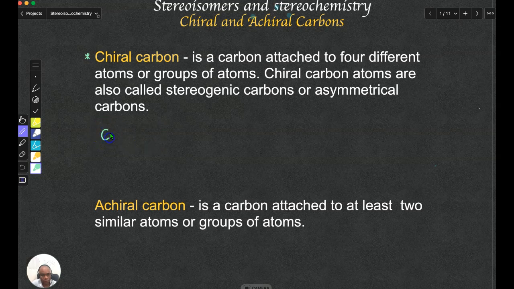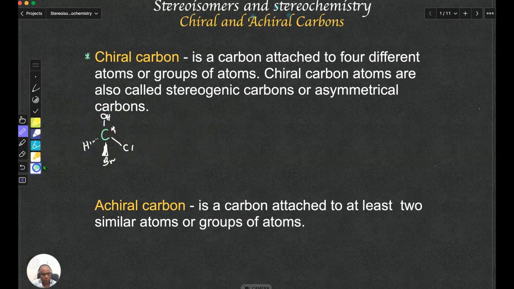If you have such a carbon right here and that carbon is attached to an OH, a hydrogen, okay, and maybe a chlorine, maybe a bromine. This carbon right here marked with an asterisk is said to be chiral because there's no way you can carry it into equal half.